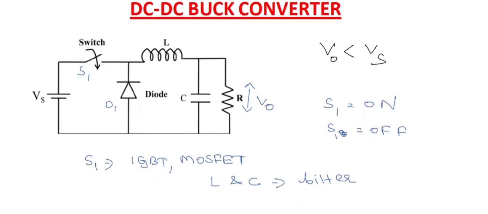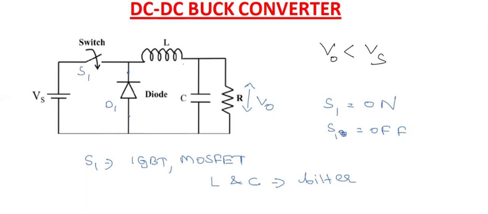So the positive voltage will come here, and the diode will be reverse biased. That means it will act as an open circuit, and this way the circuit will be completed. The energy will get stored in the inductor when the switch S1 is on. Actually, it's a positive voltage.